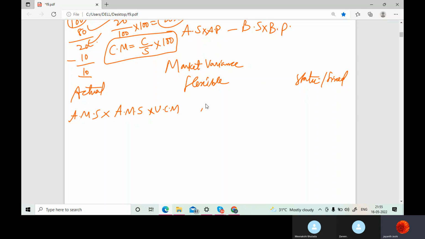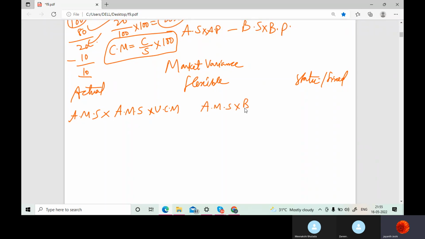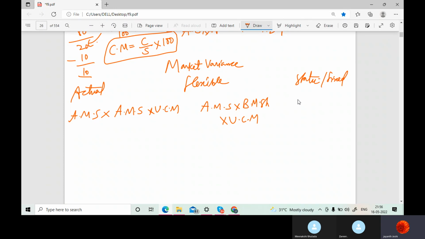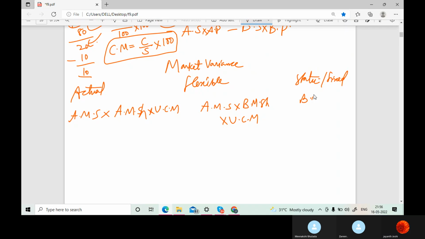So now again, actual market size into budgeted market share into unit contribution margin. Again here, actual market size, actual market share (SH is share). Budgeted market size, budgeted market share.